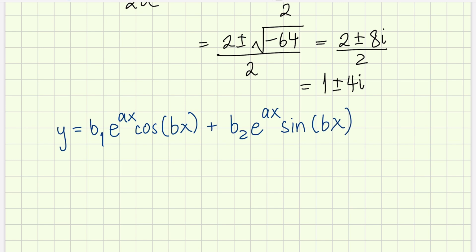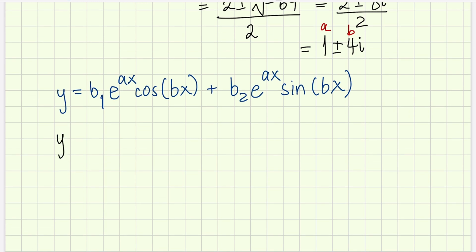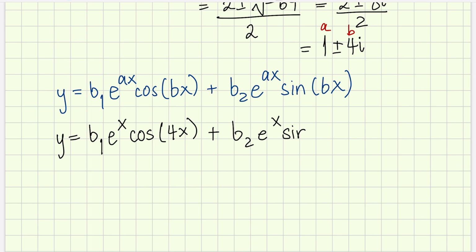Over here, this is a and this is b. Then my solution becomes y equals b1 e to the power x cosine 4x plus b2 e to the power x sine 4x.